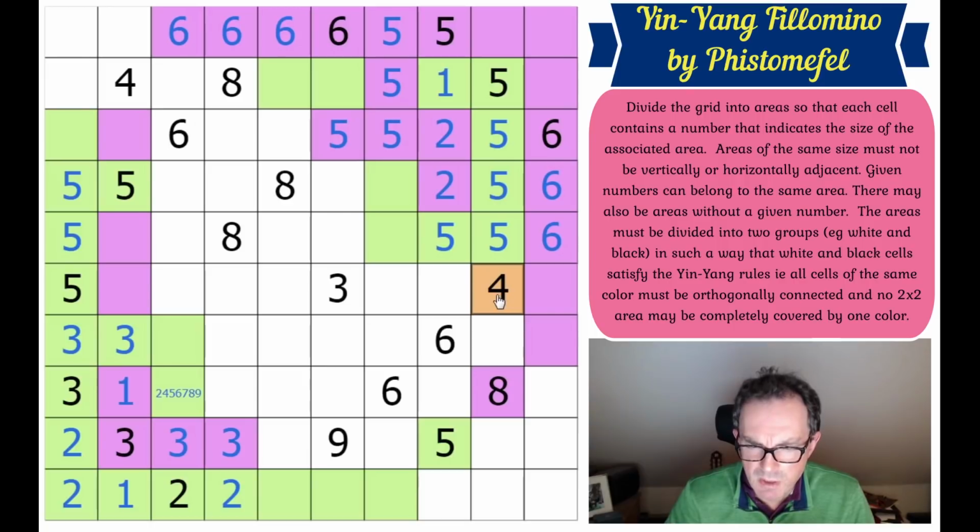And if it's purple, and it's not taking this square, and it has to avoid a 2 by 2, it would have to take that square. So all of these are now a 4. And there's no room for the 8. Because this square has to be green now, and there aren't 8 cells down here.